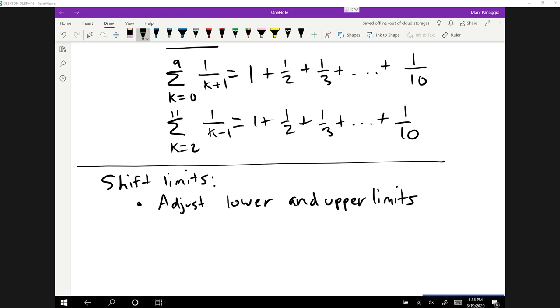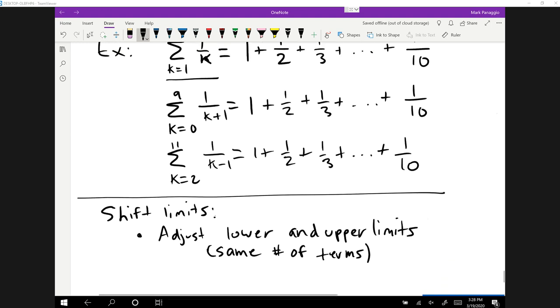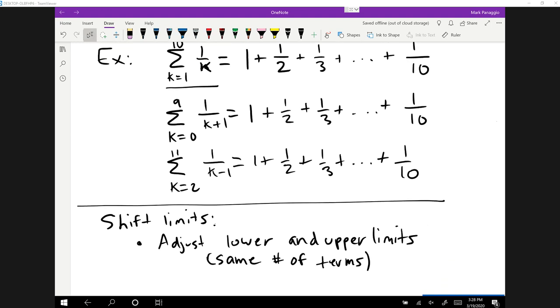And the thing to keep in mind there is that we want to keep the same number of terms. So if we're adding up from k equals 1 to 10, and we want to start with 0, that means we can't go all the way out to 10 anymore. We have to stop at 9, so we include the same number of terms.